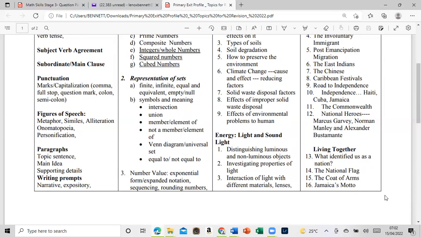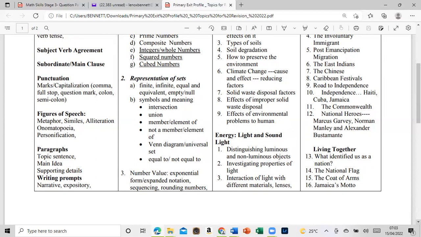All right, number value, exponential form, expanded notation, and sequencing and rounding off numbers. So these are self-explanatory. They must be able to round off numbers, they know the exponential form and the expanded notation form.